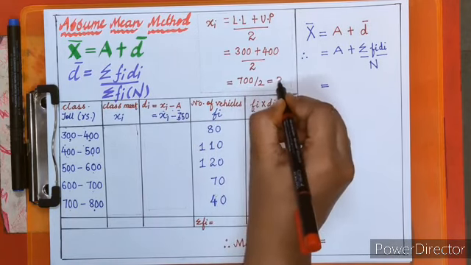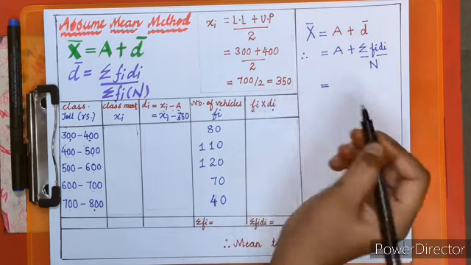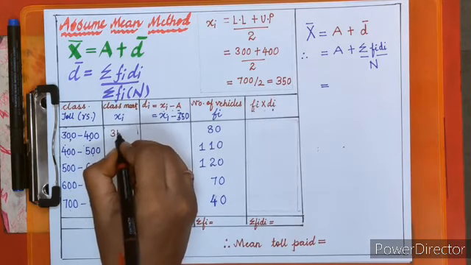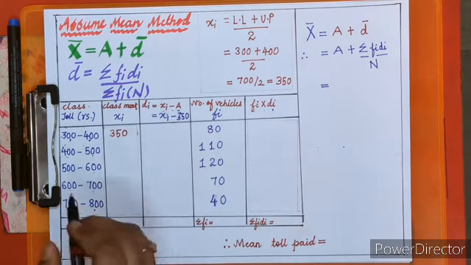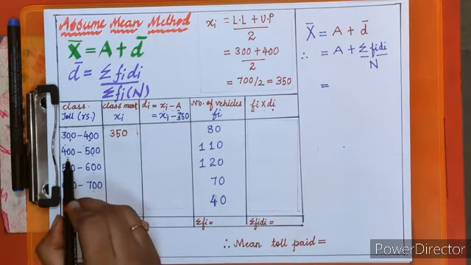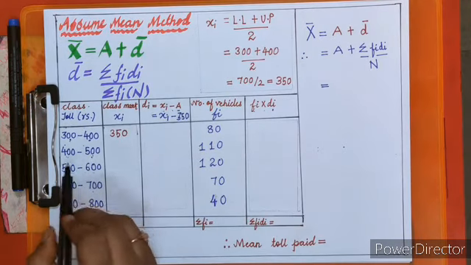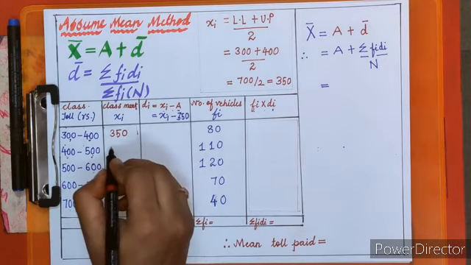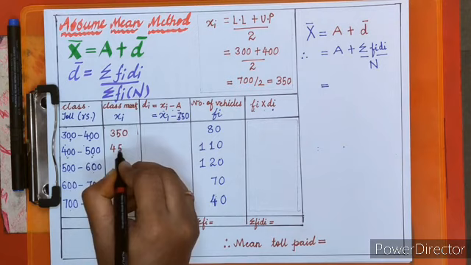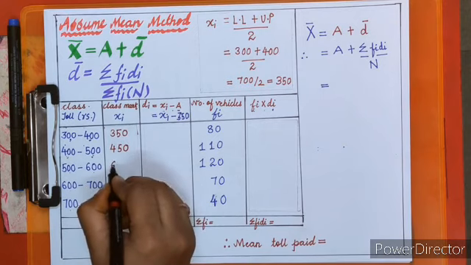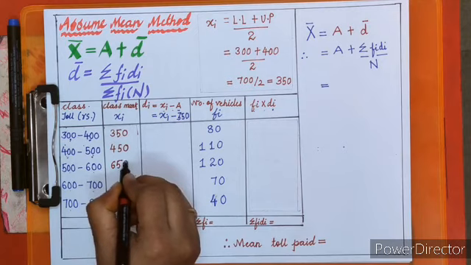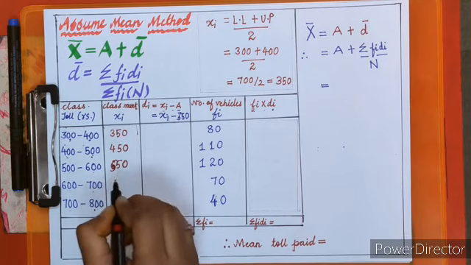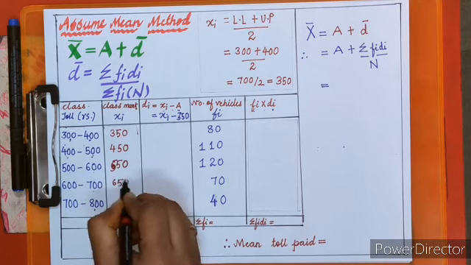Half of 700 is 350. So your first class mark is 350. Coming to the next class, 400 to 500. So 400 plus 500 is 900. Half of 900 is 450. And so on: 550, 650 and 750.